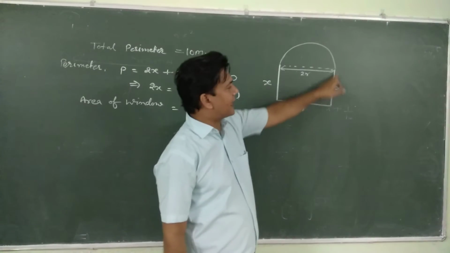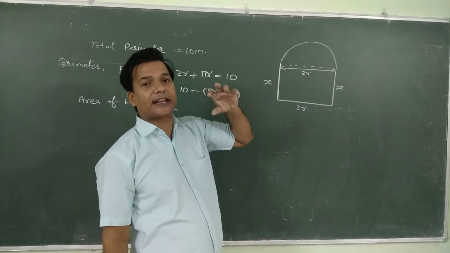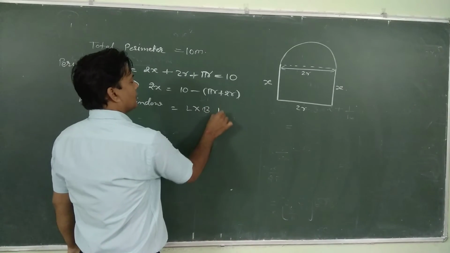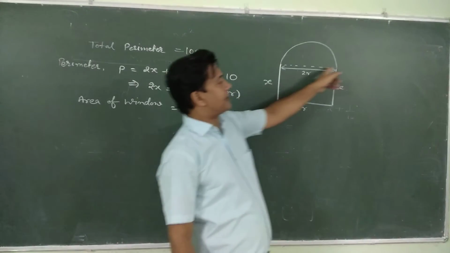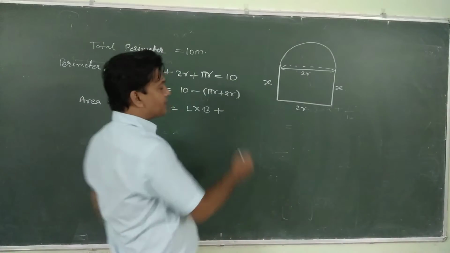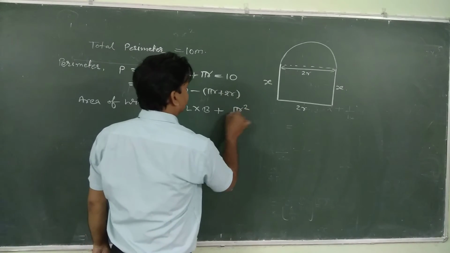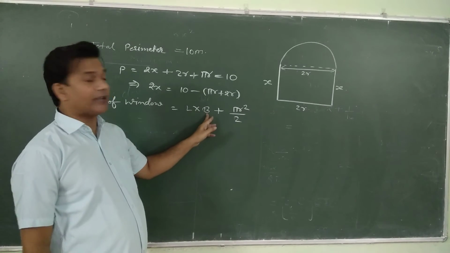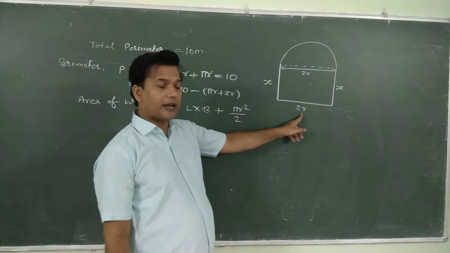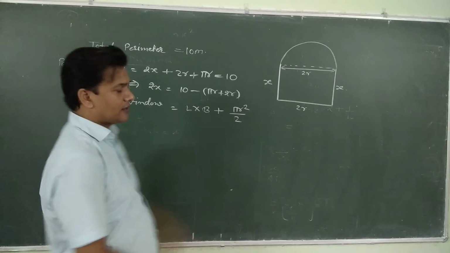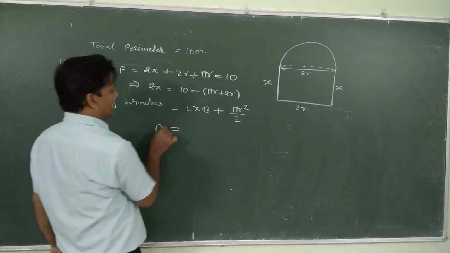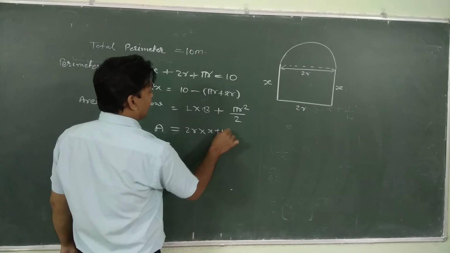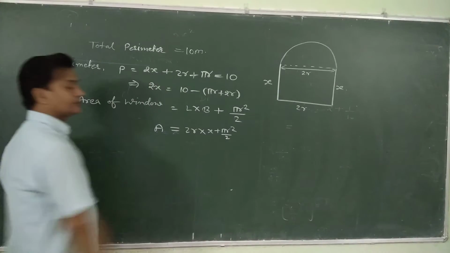This shape is rectangular, and the area of a rectangle is L into B, plus the semicircular part, whose area is pi r squared upon 2. Substituting the values, the length is 2r and the breadth is x. So A equals 2r into x plus pi r squared by 2.